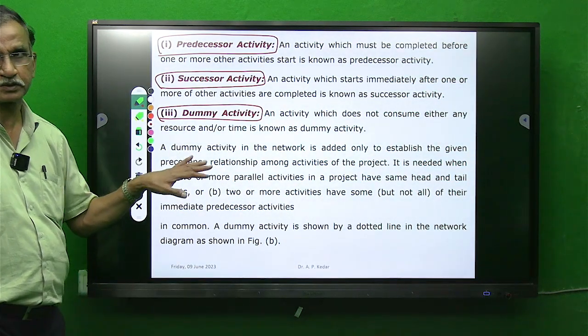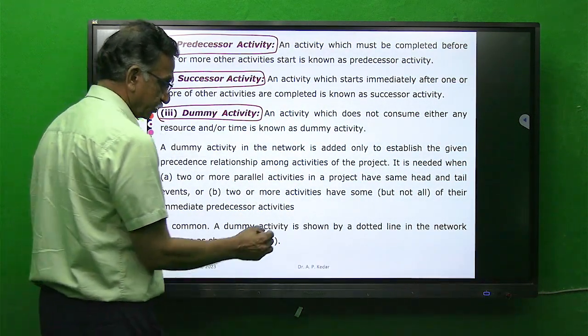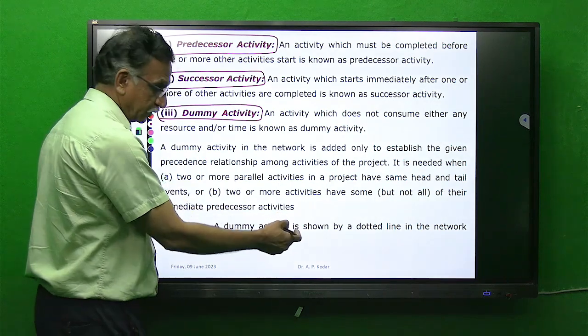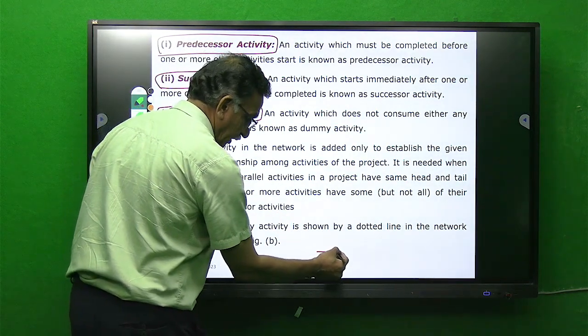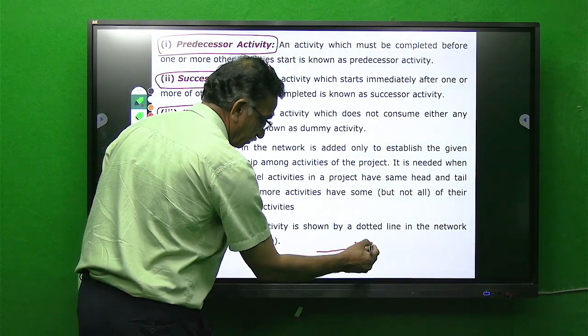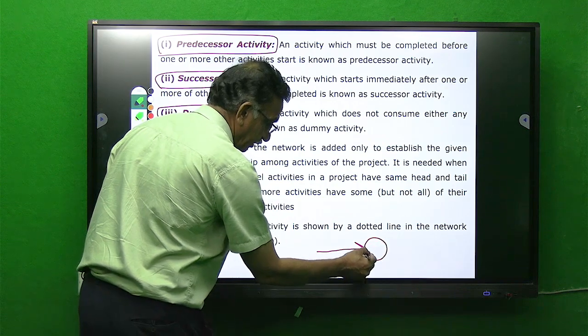Predecessor, successor. Suppose I draw a part of a network like this.